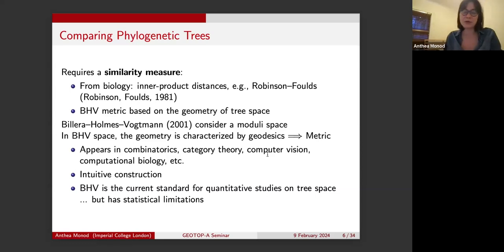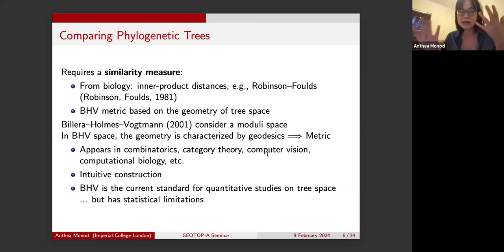Here we represent a single tree as a single point in a space, so each point represents a tree. Then you want to equip this space with a metric, and in BHV tree space, they consider geodesics between any two points, where the length structure induces a metric structure on the tree space.